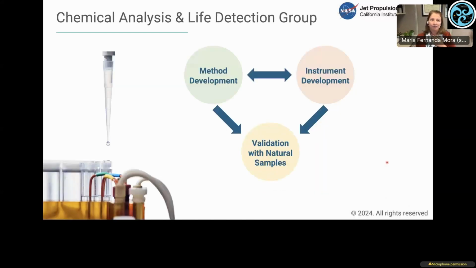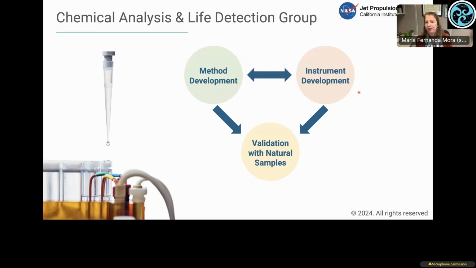So I'm part of the chemical analysis and light detection group, and I try to summarize everything we do in one slide. We basically do method development. This means we look at what are the molecules that we're trying to analyze, what is the best way to separate them, a method that gives you the best sensitivity for those target molecules.